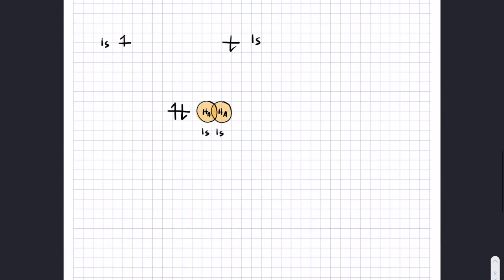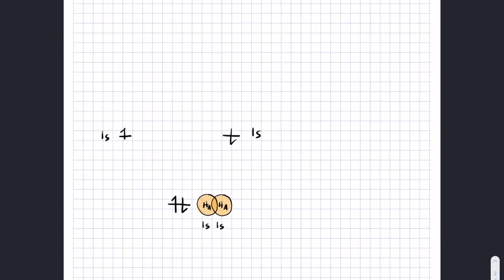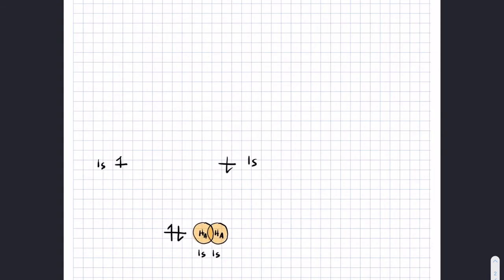And maybe we can illustrate this principle by thinking about the other thing that's got to happen. In the math of MO theory, molecular orbital theory, if you consider adding two wave functions together, you must also consider subtracting one from the other.